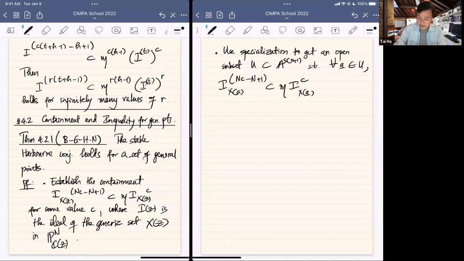So basically this is saying that this containment is true for one general set of points.